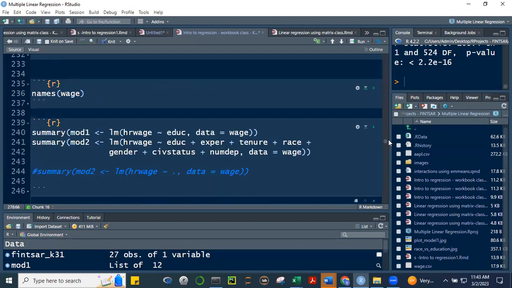So, what we did now was to create another model. Nag-model 2 na tayo. No? Yung model 2 natin is, we're now going to use all the variables in our data set. So LM, hourly wage, regression, education, experience, tenure, race, gender, civil status, number of dependents, data is equal to wage. Okay, so we have here 4 predictors that are numeric, 3 predictors that are categorical.